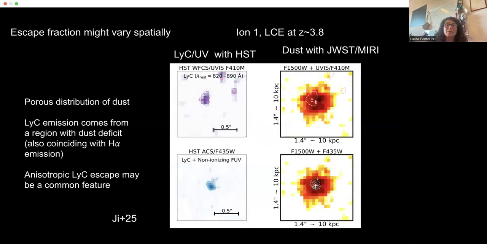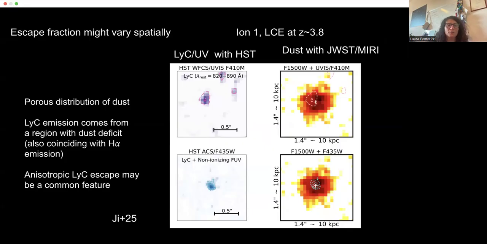Another problem is that the escape fraction is not a single quantity, okay? Because the ionizing photons could come, for example, from a region where there is no dust. Galaxies are not monoliths, not single entities, but they have a spatial distribution of stellar emission, a spatial distribution of sources.